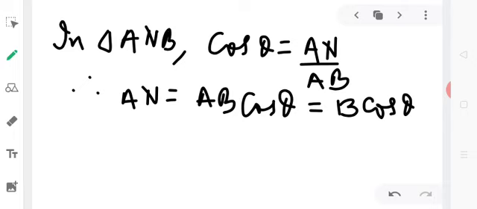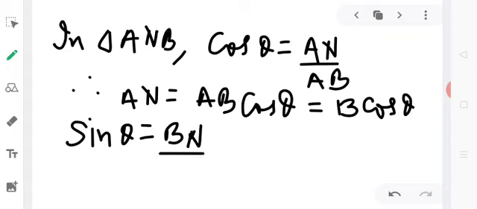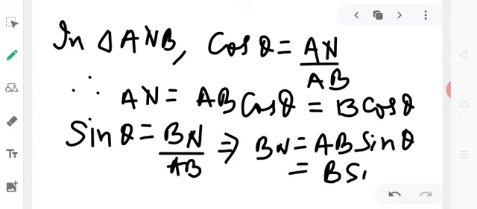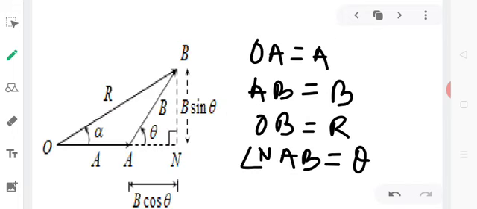So sin theta is equal to BN by AB, which implies that BN is equal to AB sin theta, that is equal to B sin theta. So now we know what is AN. AN is B cos theta, and BN is B sin theta, and it is clearly mentioned in the diagram.